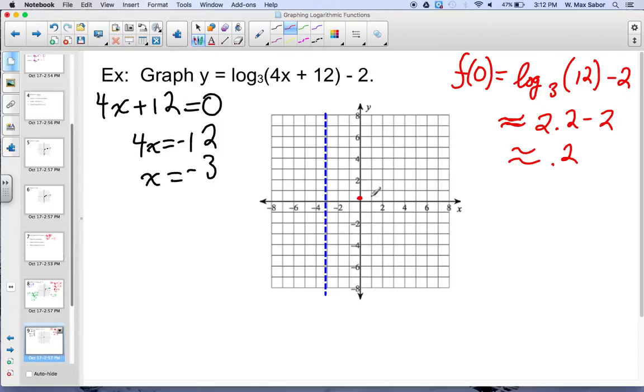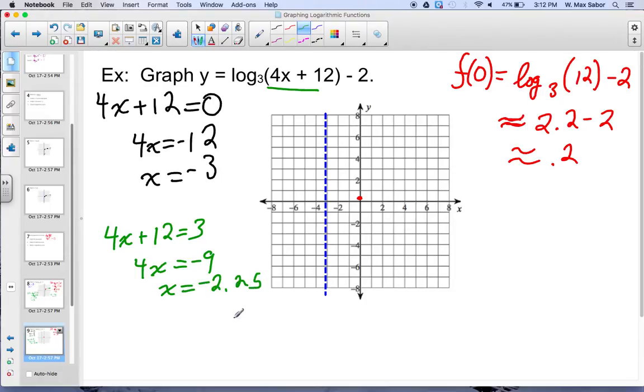What else do I want to try plugging in? Let's try making this input 3. If I say 4x plus 12 is 3, then that's saying 4x equals negative 9, x equals negative 2.25, or negative 2 1/4.